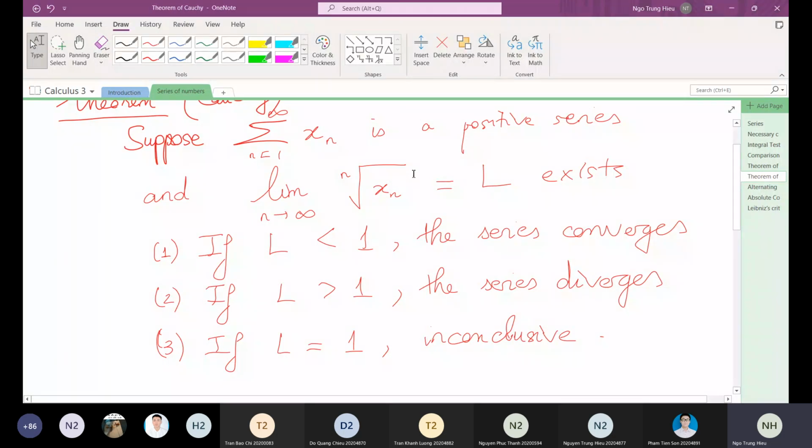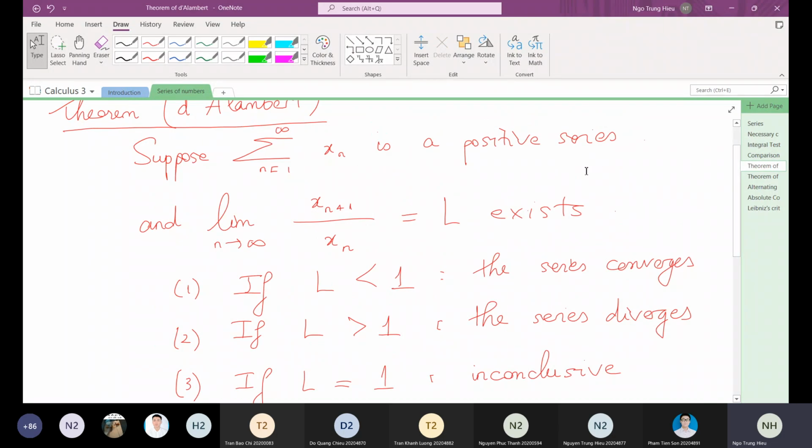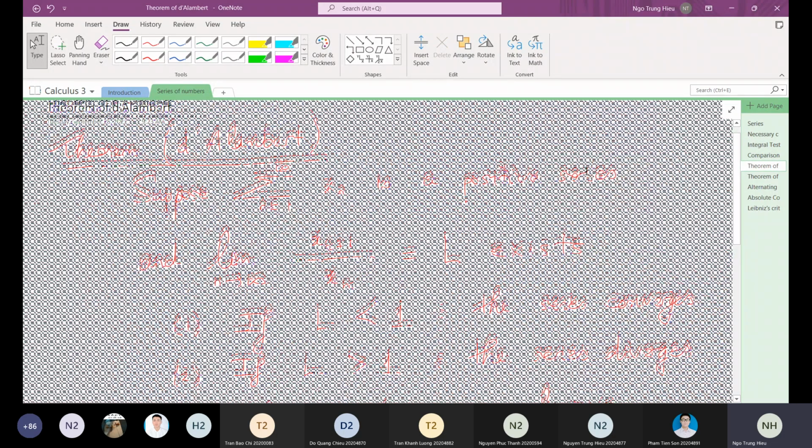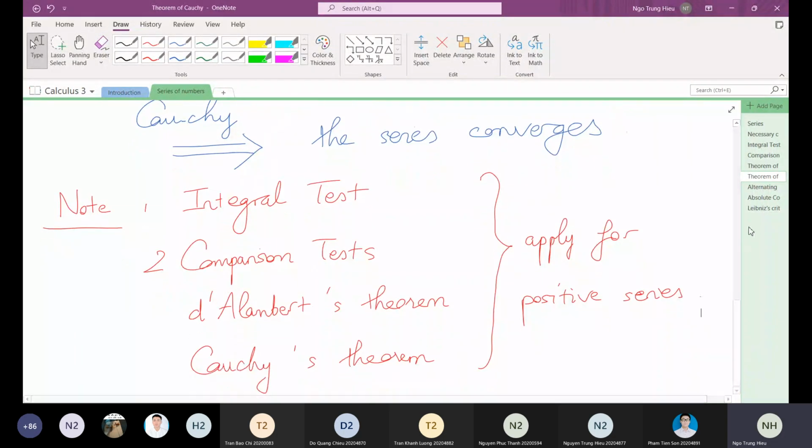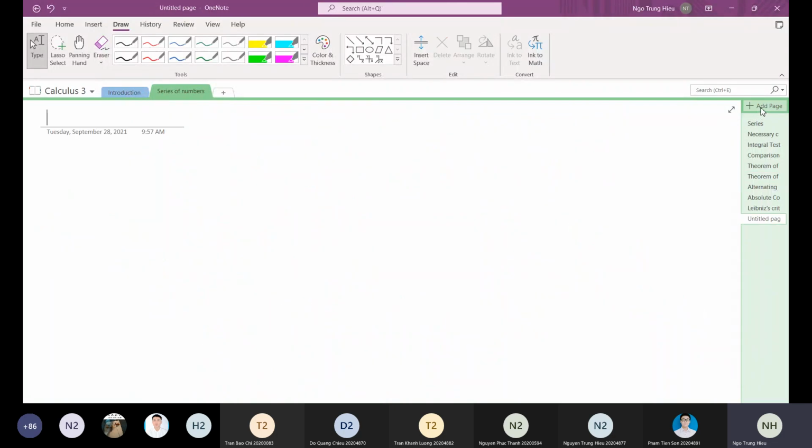So now we have a generalized D'Alembert theorem and a generalized Cauchy theorem for arbitrary series, right? So let us move on.